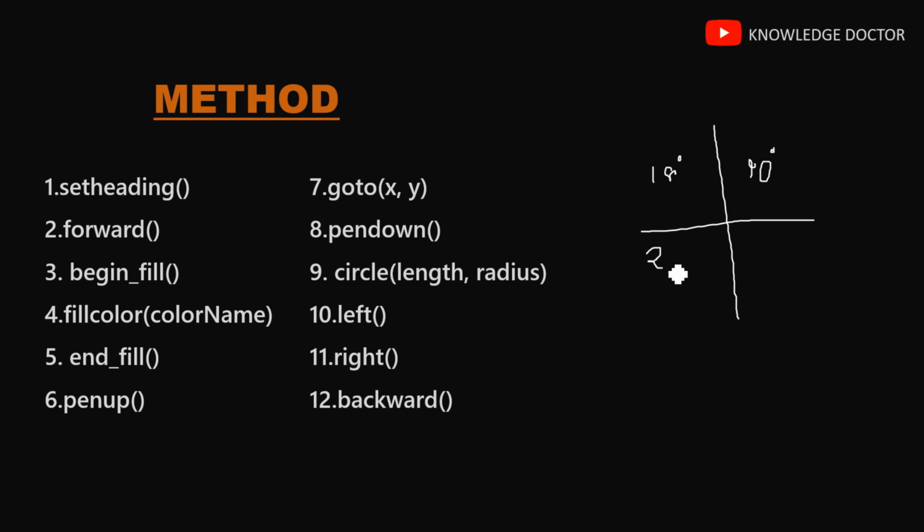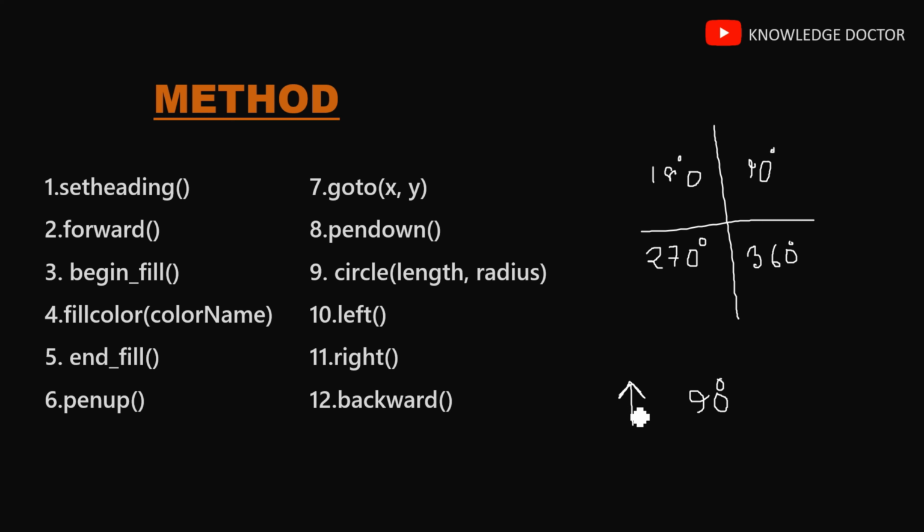Listen carefully, because I am going to discuss that. If you know about the working of this method, then you can easily understand what is happening in the code. This setheading takes the coordinate value, that means the angle value. If I pass 90 degrees, for example this is our turtle, and we set 90 degrees as the parameter of setheading, that means the turtle will move in the upward direction.